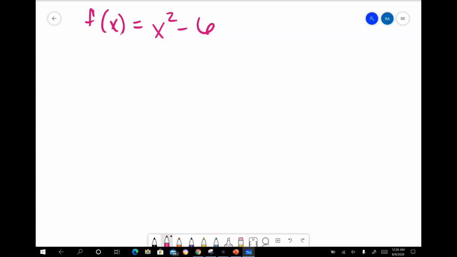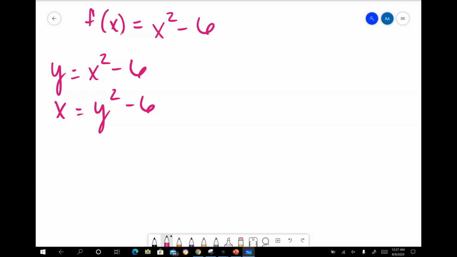So we're going to change f of x to y equals. We're going to switch our x and y's. So even though we've gone to different types of equations now, we're going from linear to quadratic, you're still doing the same steps. Okay, now your solving techniques may have to change, okay? But you're doing the same steps.